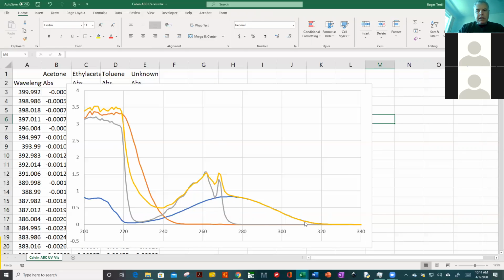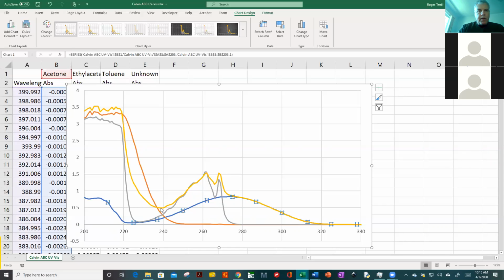First of all, you can see that there are the three components here, which are the blue, the red, and the yellow. Right? And then there's the mixture, which is this gray one here. So, no, I'm sorry, the mixture, which is the yellow, and the gray one is the toluene, sorry.